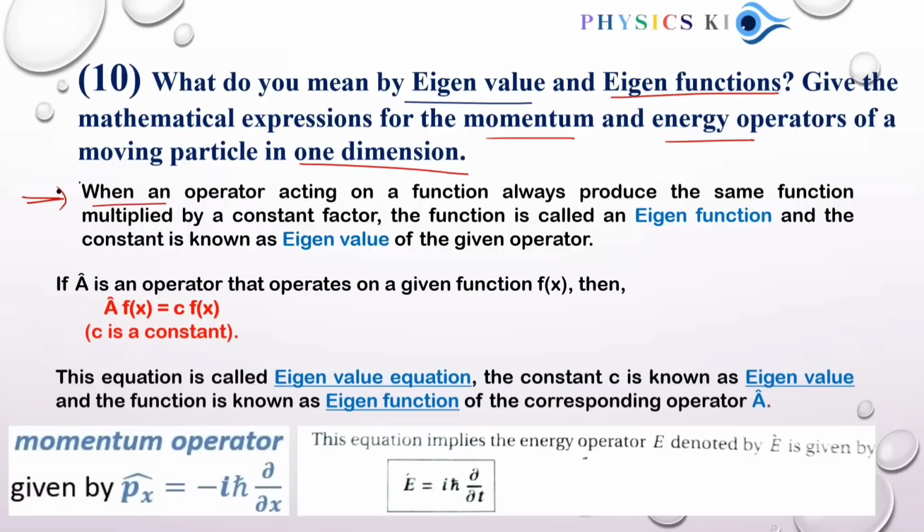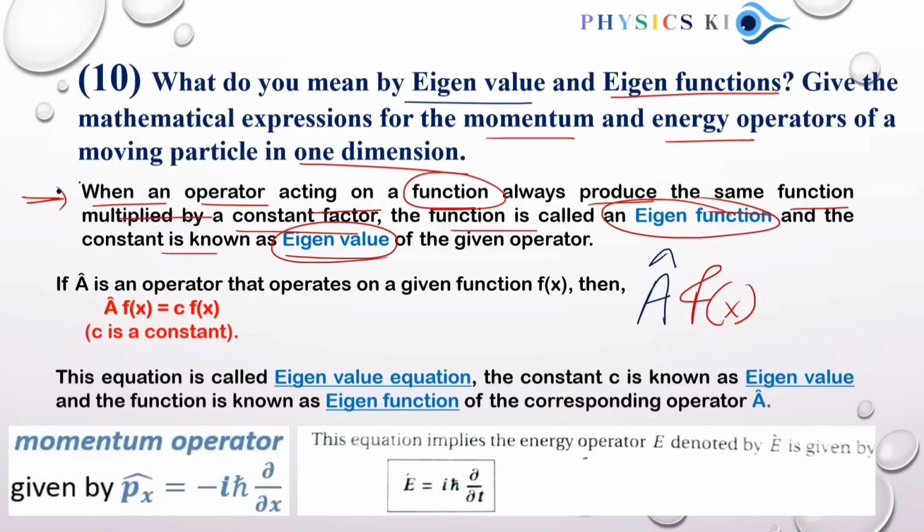When an operator acting on a function always produces the same function multiplied by a constant factor, the function is called the eigenfunction and the constant value is the eigenvalue. Got the idea? Suppose this is my function f of x. Whenever you operate something, let's change the color. I am operating this operator.